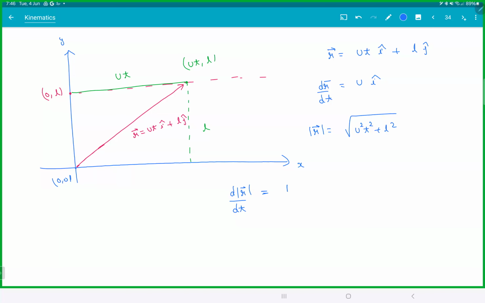We have to remember to use the chain rule. u square t square plus L square. But let's see the meaning of it later on the next page. If we differentiate this, what do we get? Half. This is something to the power of half: u square t square plus L square whole power half minus 1. And then differentiate whatever is inside.